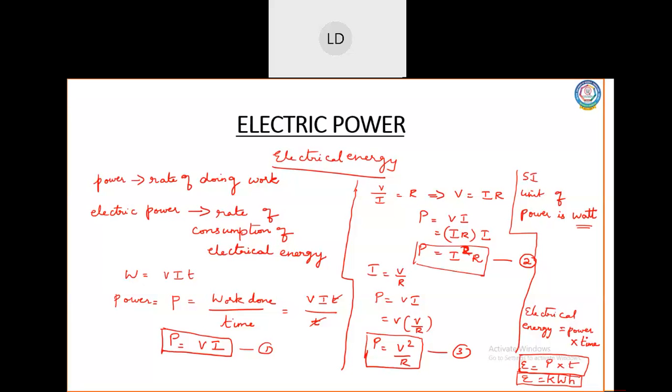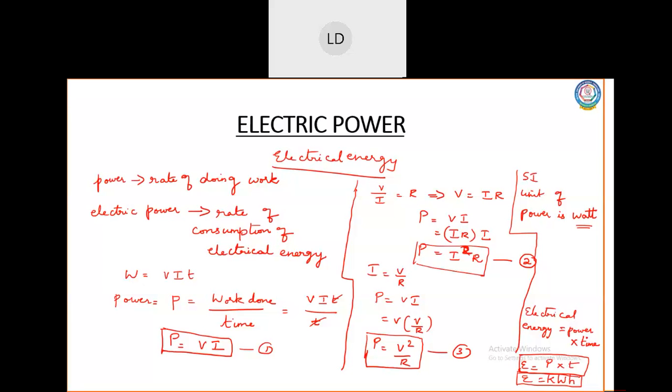Now a person from the electricity board will come and take the reading and give you the reading. For example, let us take 200 units. They will say 200 units, in the sense it is nothing but 200 kilowatt hour.